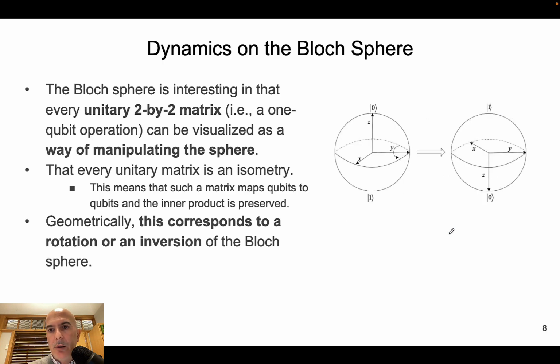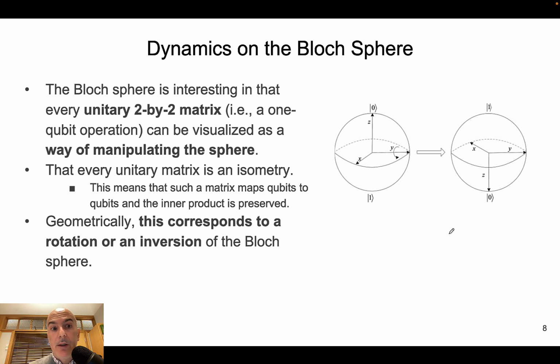Finally, an important part is that the Bloch sphere also allows us to represent any transformation on the qubit. So any transformation on a qubit in quantum computing is represented by a unitary matrix that is preserving the norm. So the norm of our vector will be the same.